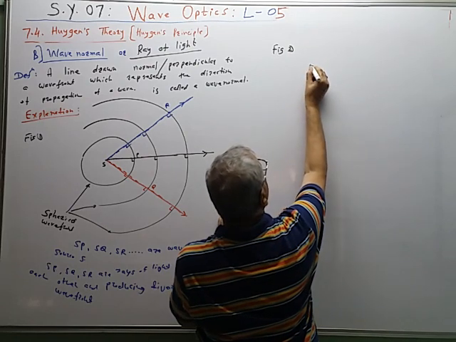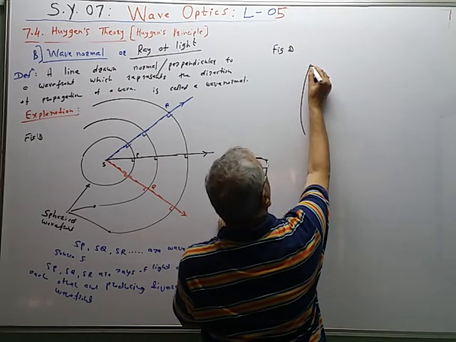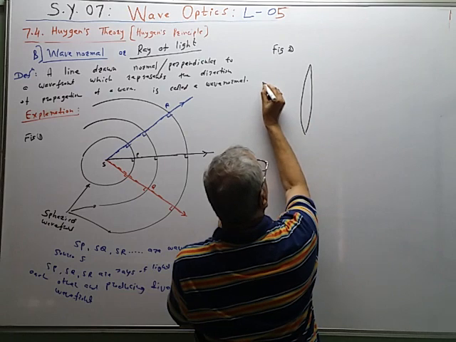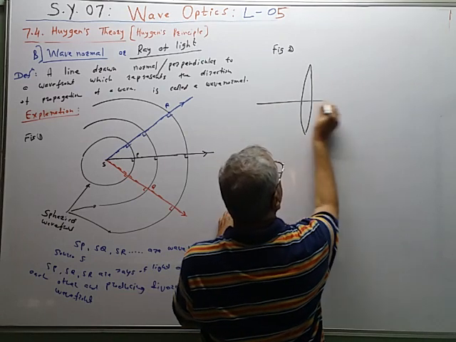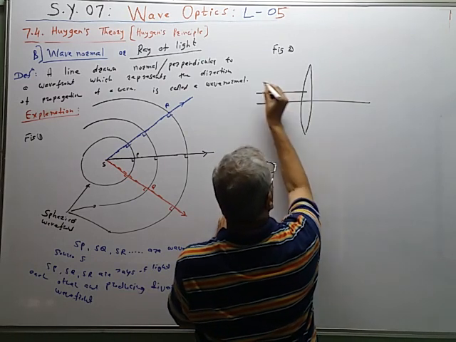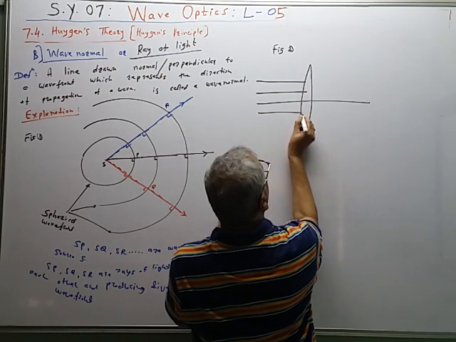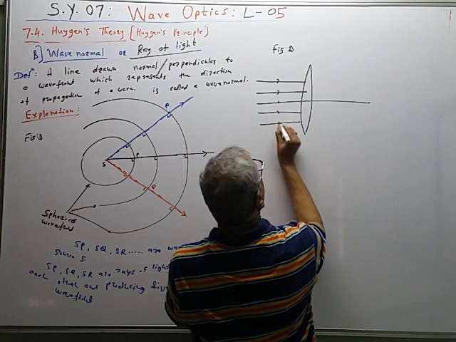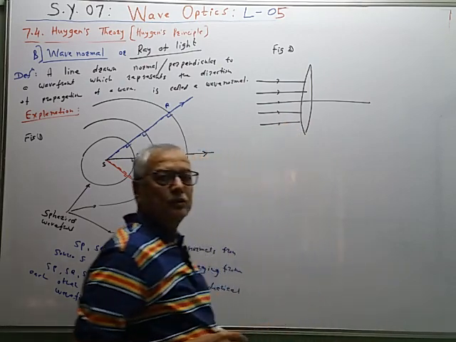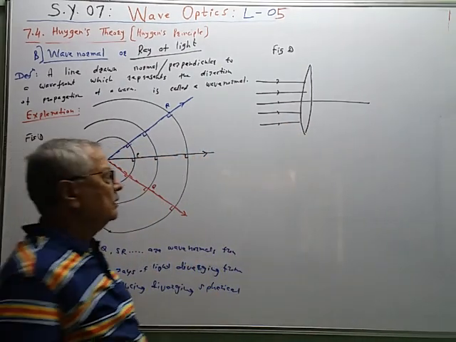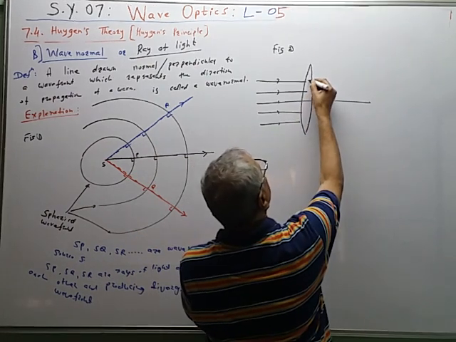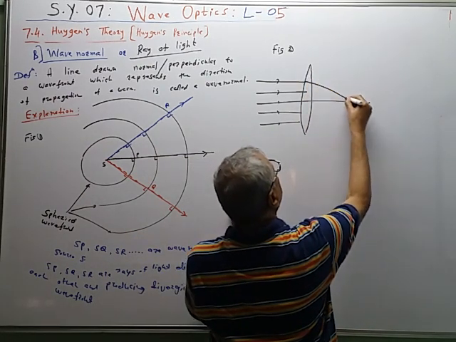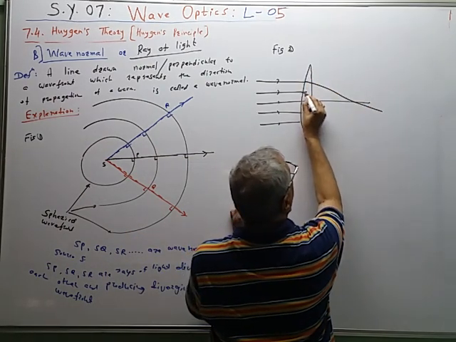So this is the convex lens. These are the rays parallel to the principal axis and parallel to each other like this. So we know that when the rays of light are parallel to each other and parallel to the principal axis, they converge at a single point. So suppose they converge here.